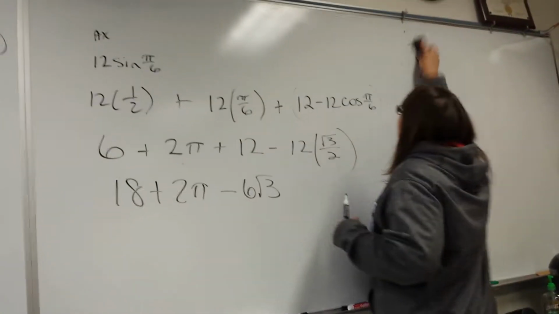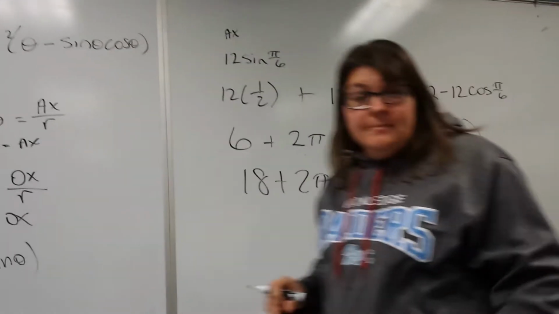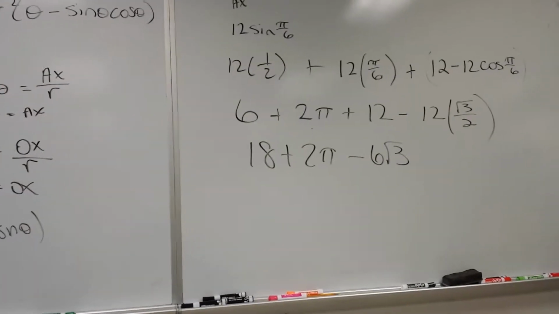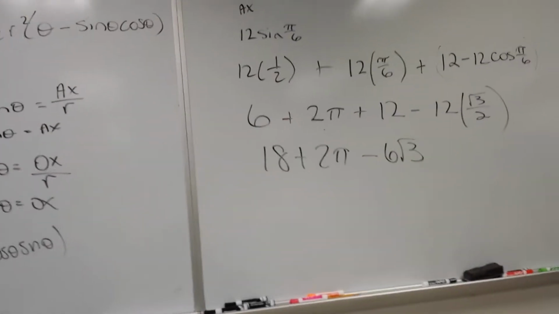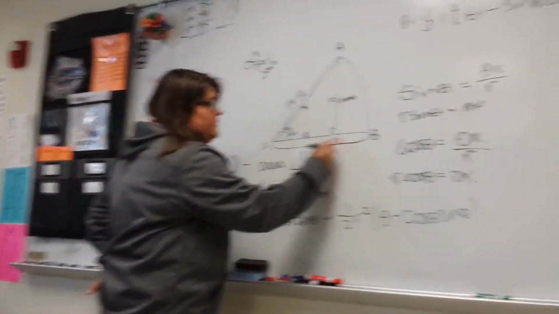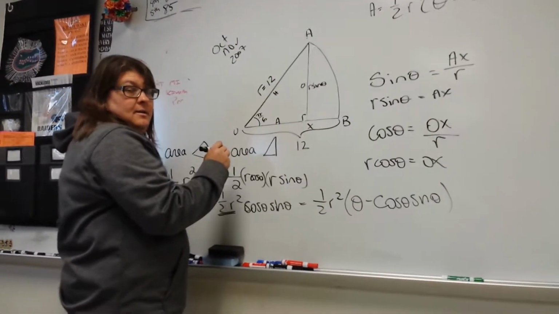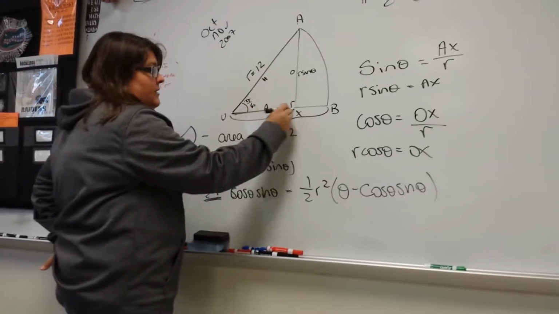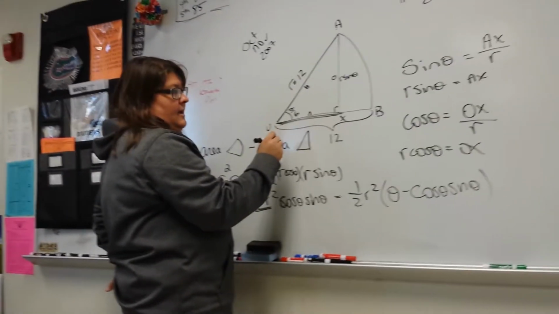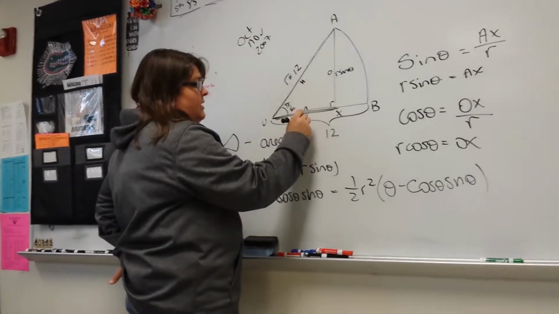For some reason, I got 18 plus 2 pi plus 6 times the square root of 3. So everything was right, there was only plus square root of 3 instead of minus. Okay, so does it make sense that this whole thing is the 12 radius minus this piece here, which is 6 square root of 3?